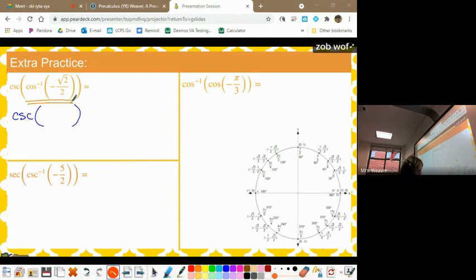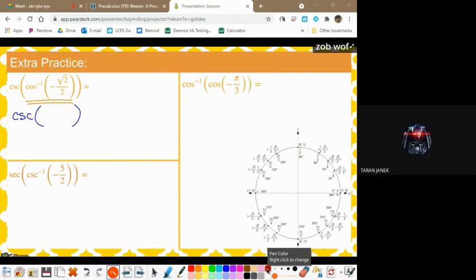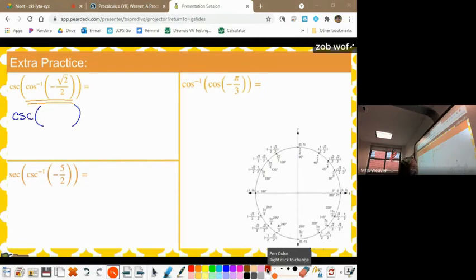So can you help me find that angle? 3 pi divided by 4. Because we were in quadrant 2, because the cosine inverse goes to quadrant 2 when it's negative, and that was at 3 pi/4. I agree, beautifully done.